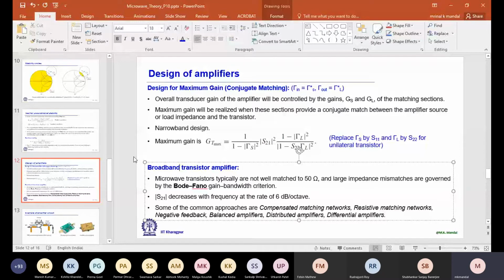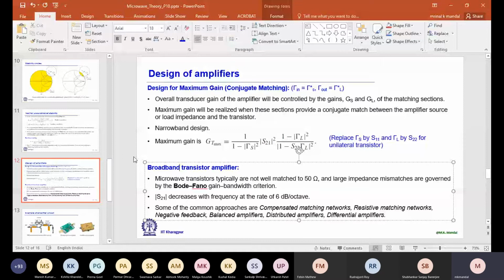This is for in general any complex impedance. And since we did not learn anything on complex impedance, it will give you some upper bound, the maximum bandwidth over which you can obtain your impedance matching for a complex load. It is defined by this Bode-Fano criteria. It is given in D.M. Pozar's book.